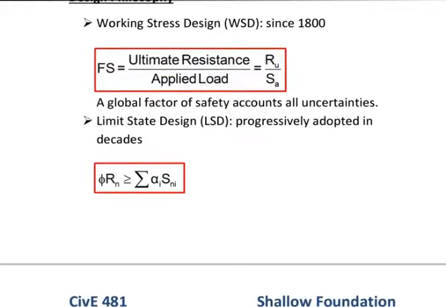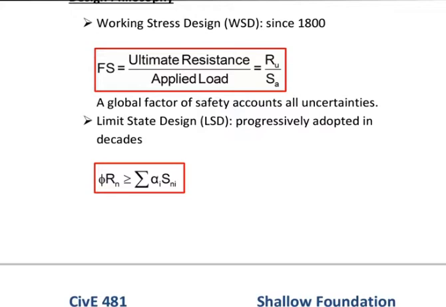There are two design approaches, including working stress design since 1800. In this design method, a global factor of safety accounts for all uncertainties of loads and resistances. And limit state design, which has been progressively adopted in the past decades.